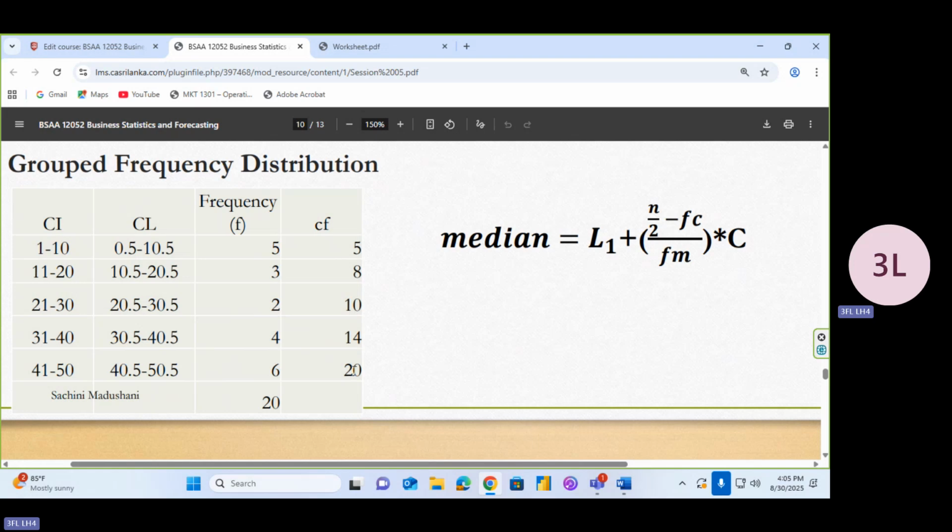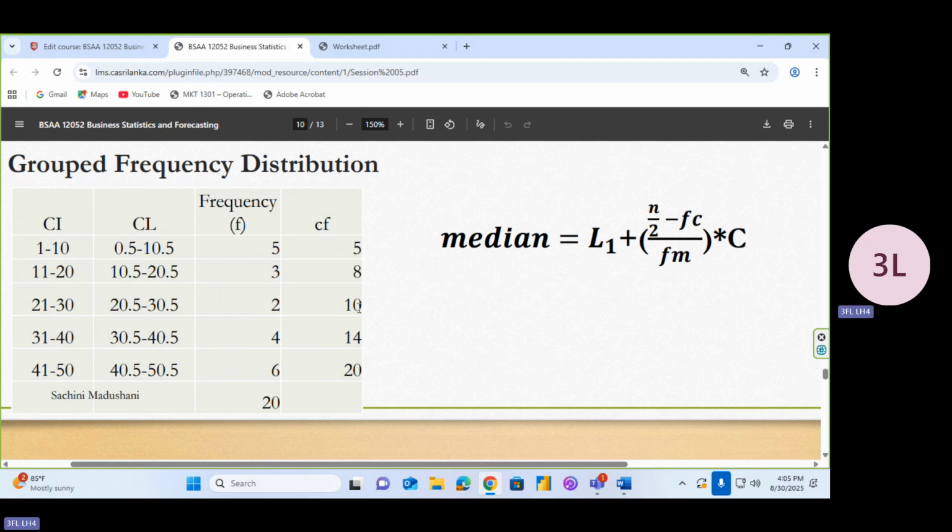Now we need to find out which term? The 10th term. Why? N divided by 2 is the middle point, so it is the 10th term, because 20 observations are there. Then you need to find out where the 10th term is. The easy way is to move down the CF column. Okay, then where is the 10? In here.